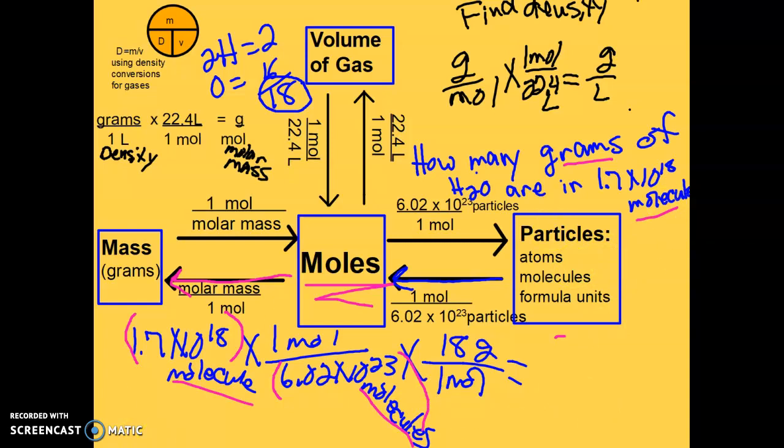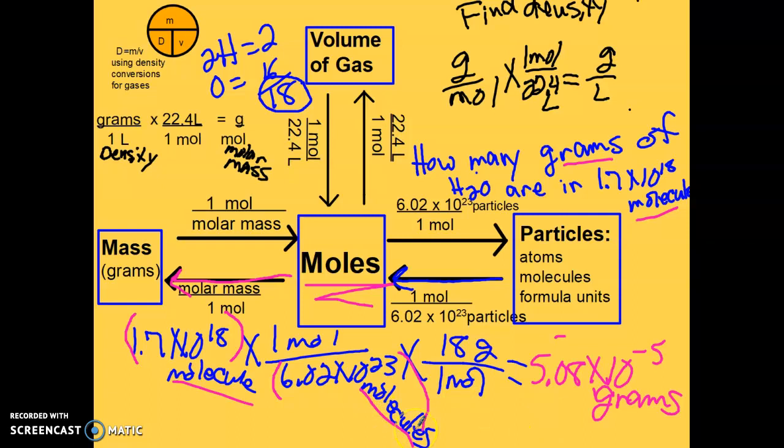Please, pause this and do a quick check on your calculator to make sure that you get the same answer I do. All right, and remember, you're taking everything on top, the 1.7 times 10 to the 18th times 1 times 18, taking that whole number divided by the bottom, which is Avogadro's number times 1, and that's how you get your answer.